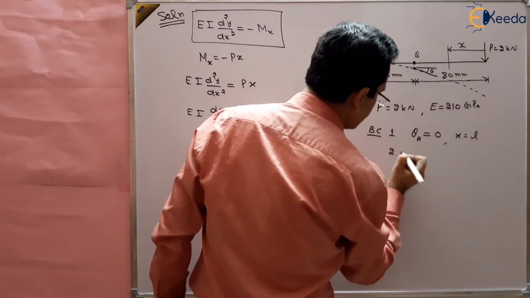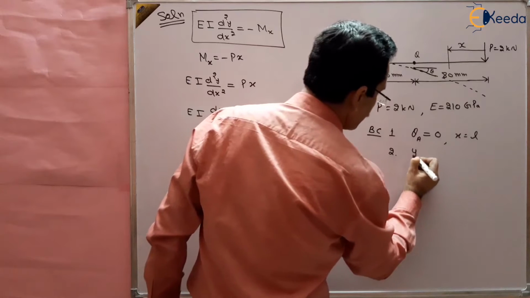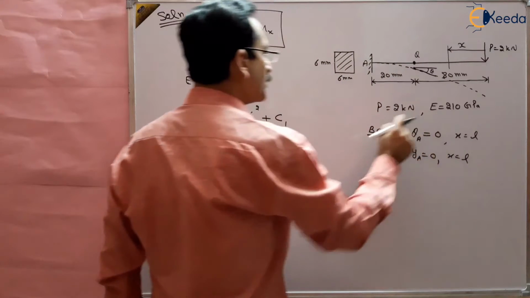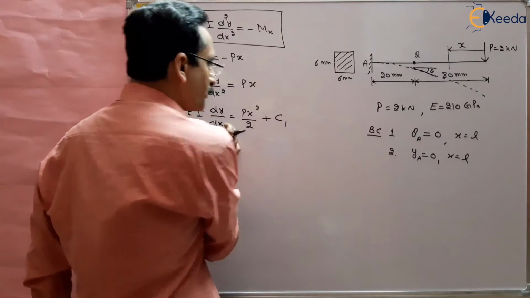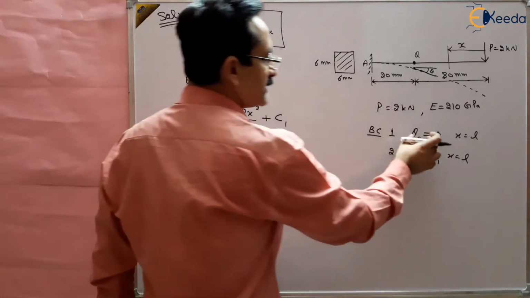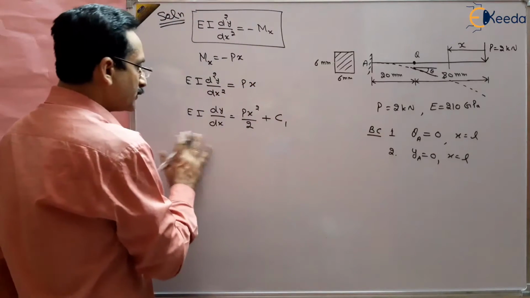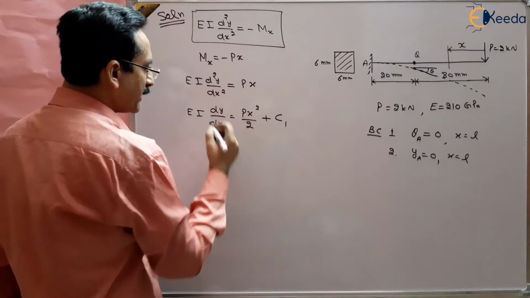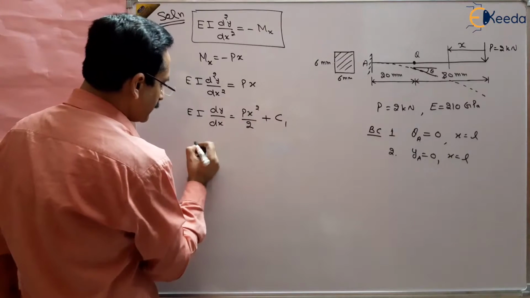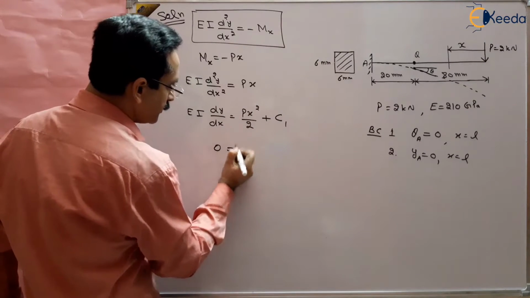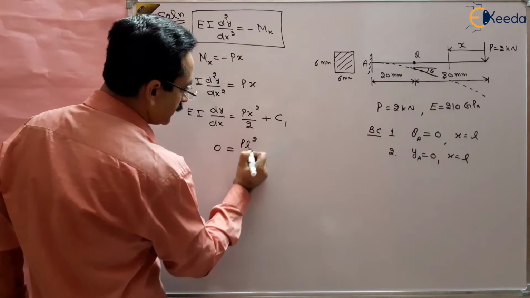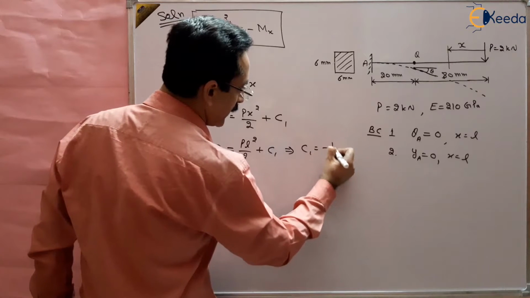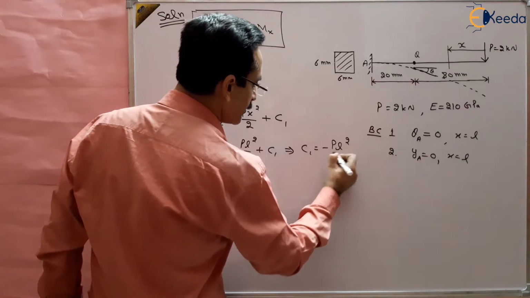And second is that the deflection at point A is 0, right? At the fixed end, both the slope and deflection are 0. Theta A means dy by dx, this is the slope, and it is 0 at x is equal to L. Put 0 here and you will get the value of c1. So c1 will come out to be minus PL square by 2.